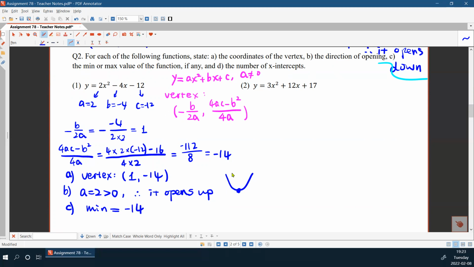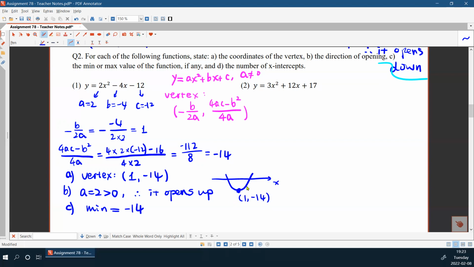Okay, last, the number of x-intercepts. That depends on the relative positions of the vertex and the x-axis, right? And apparently, the vertex has a y coordinate of -14, and it must be below the x-axis, right?